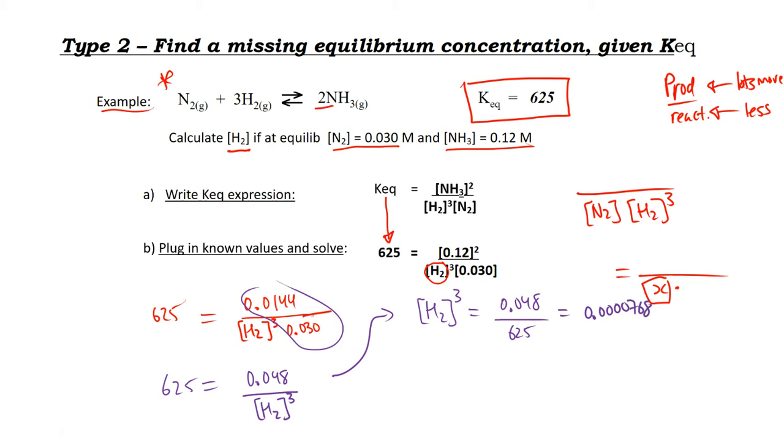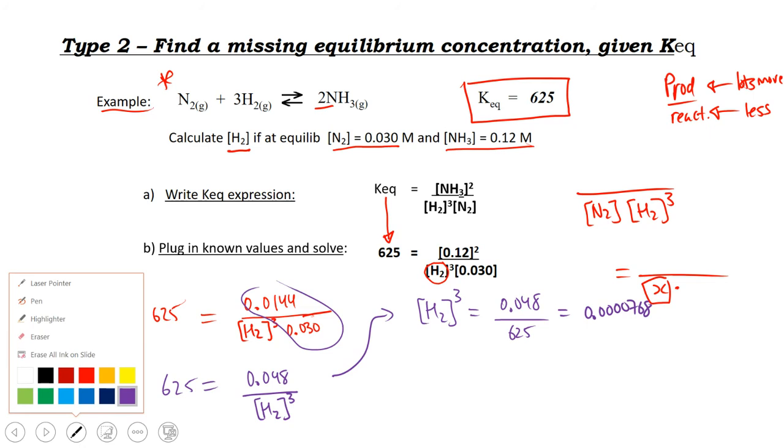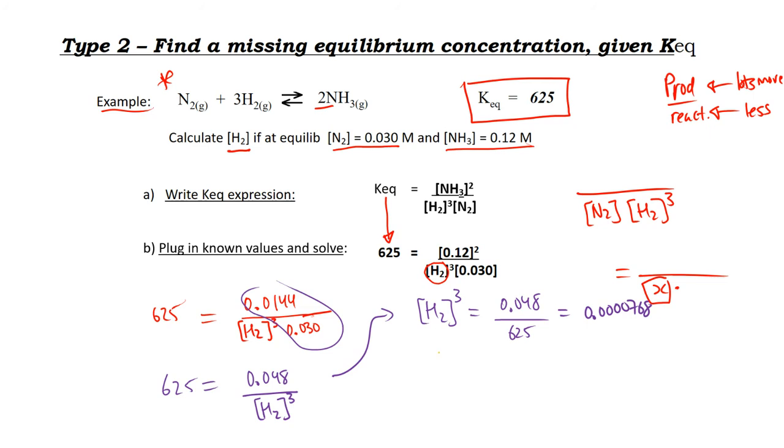Now the big kicker here is we cannot forget that this is cubed right now. So I got to cube root this, both sides. And I get my final answer, my hydrogen concentration, if I cube root that decimal over there. Okay, so if I do that, I get 0.092.